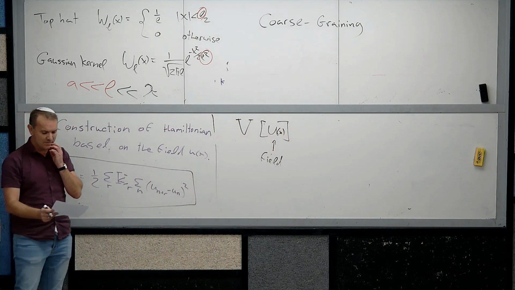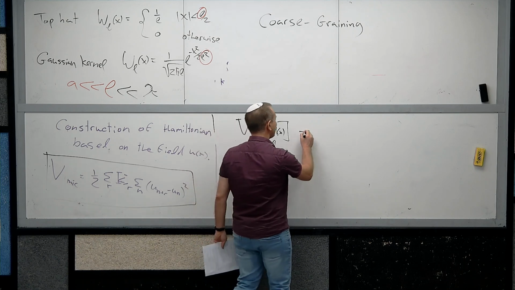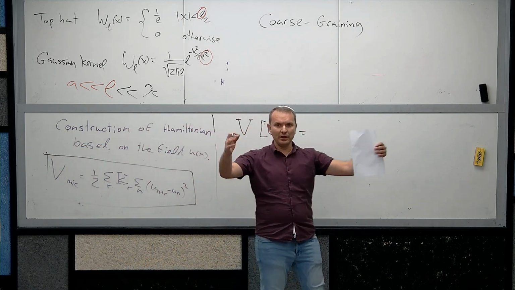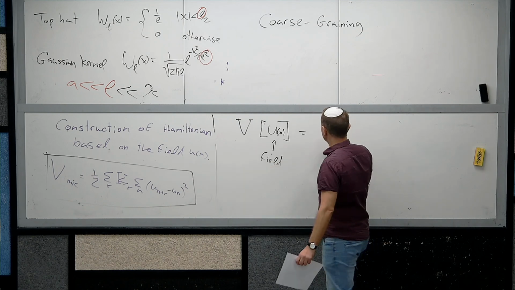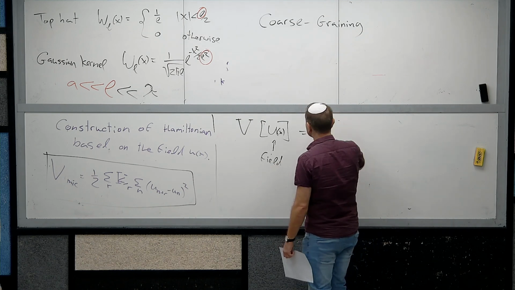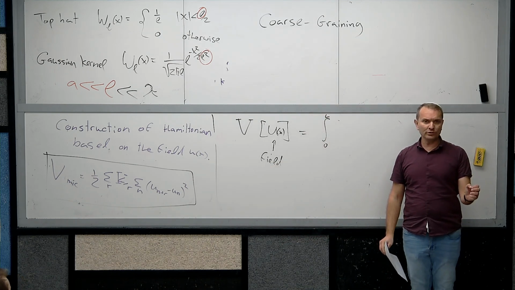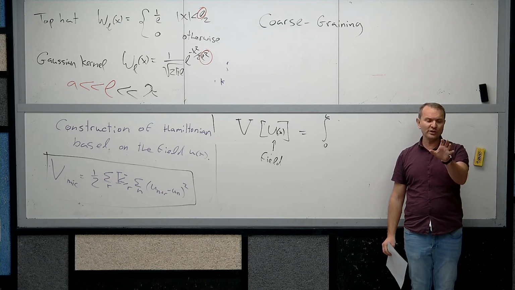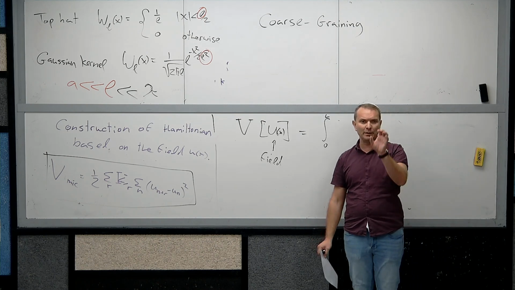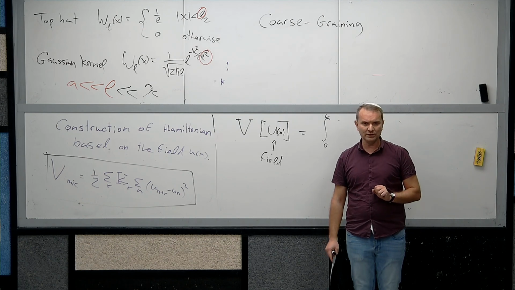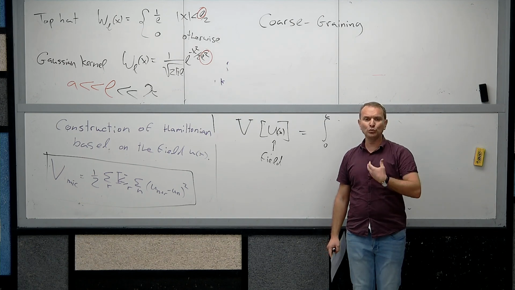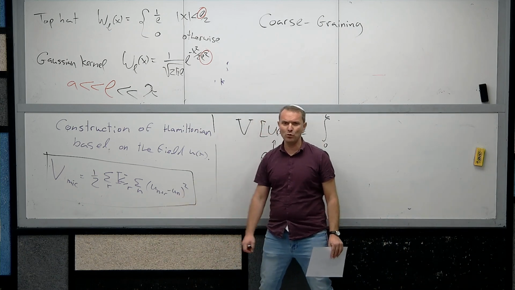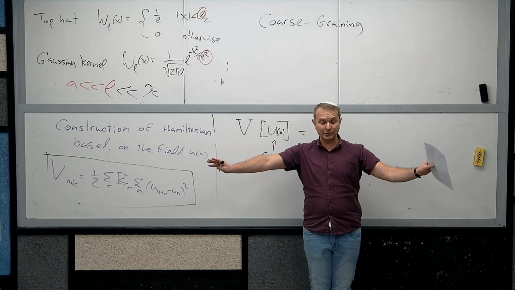What I mean by that, at least for our case of a one-dimensional string, is that the potential energy should be an integral over some density of the energy, or local density of the energy. I know that I have a field. I know this field describes distortions of my string. I don't really know how to write down my Hamiltonian, because I don't have this information anymore, I averaged over everything.